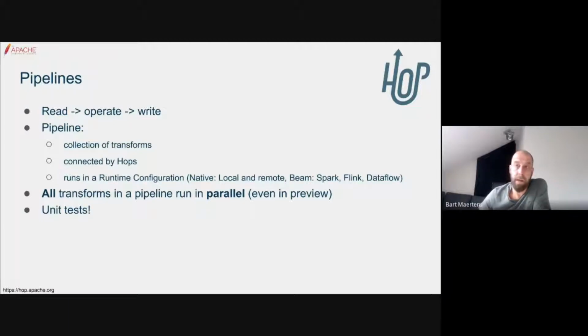And then finally, you'll write your data to a target platform. Could be a database, a relational database, graph database, a data lake. There are tens, if not hundreds, of possible targets that you can write to from HOP.